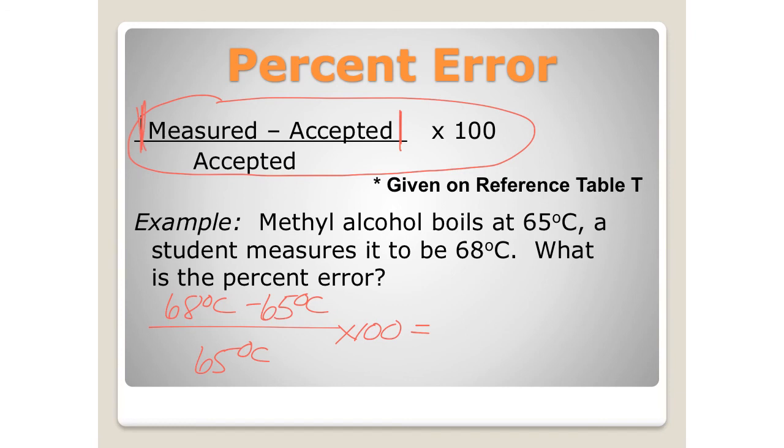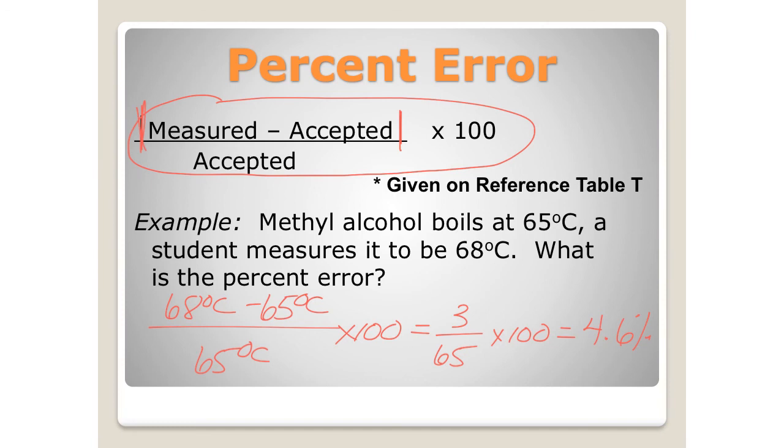And then times 100, and I'll just write that out. And I get 4.6% for that.